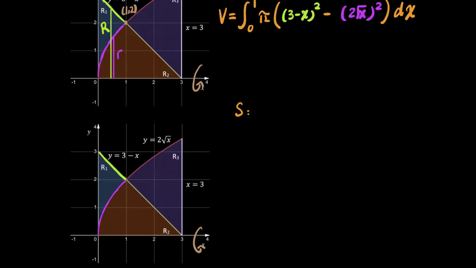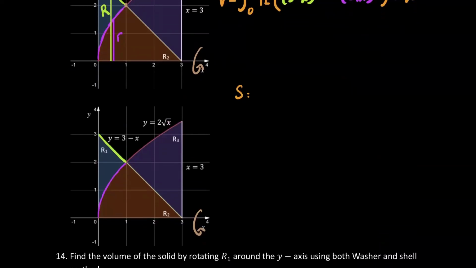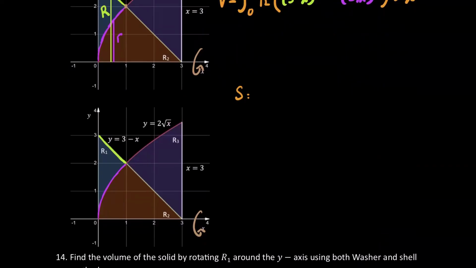So think about the setup, right? What kind of shell we generate and how we uncut it and unroll it to get that rectangular slab. So when we're rotating around the x-axis, we generate a vertical kind of shell. When we cut it horizontally to unroll it, we get a vertical rectangular slab.